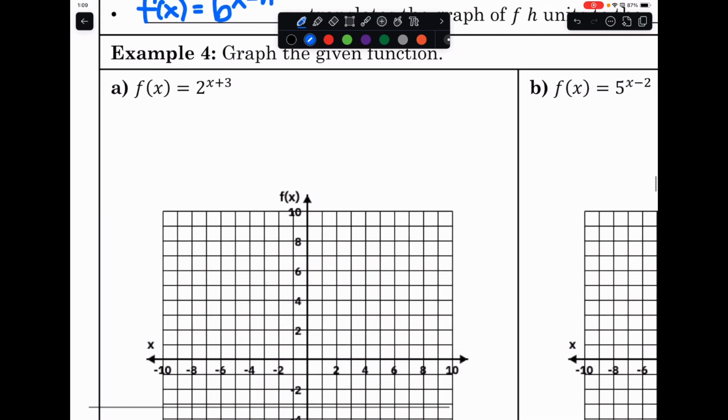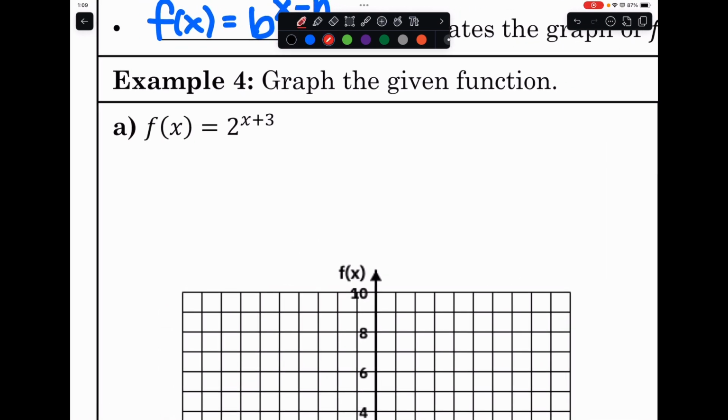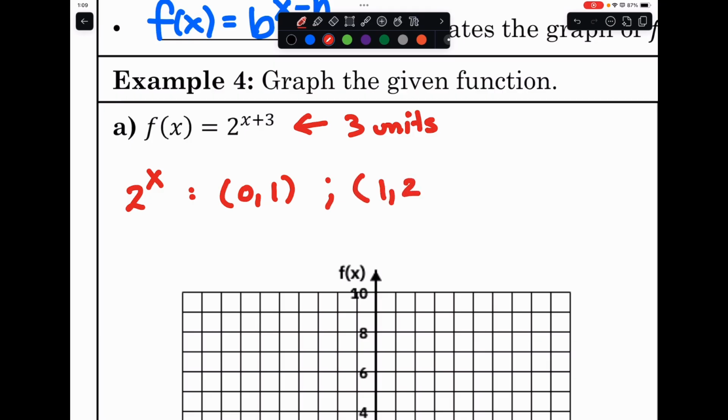So for example, to graph, let's look at example 4a. To graph the function 2 to the x plus 3 power, the 3 is going to move the graph to the left 3 units. So if we focus on 2 to the x power, well, we know the y-intercept is at 0, 1, and because the base is 2, that means when x is equal to 1, the y value would be 2.